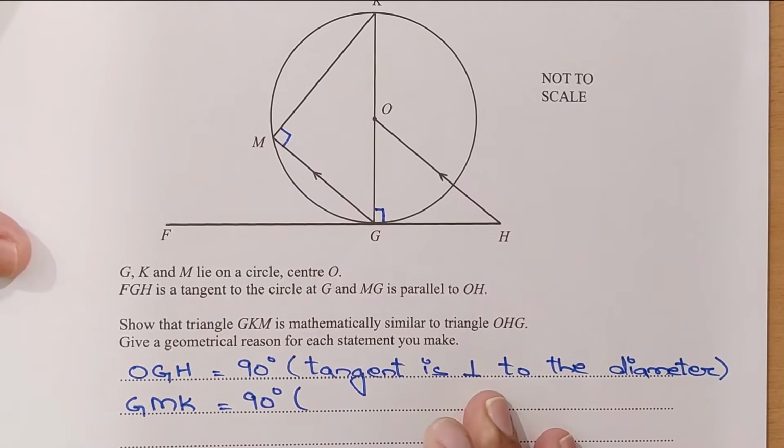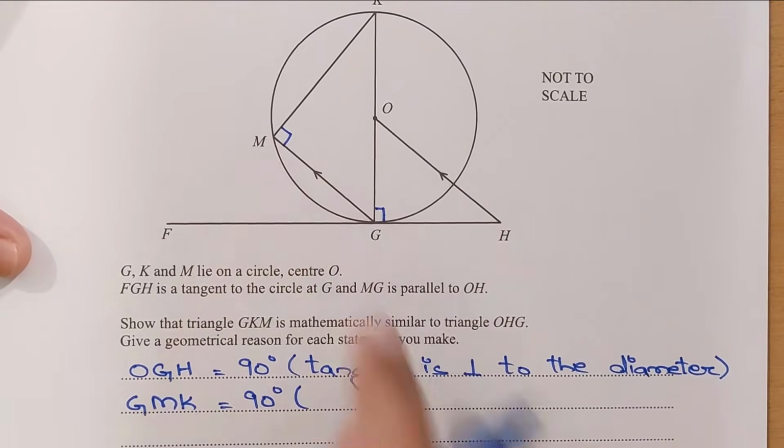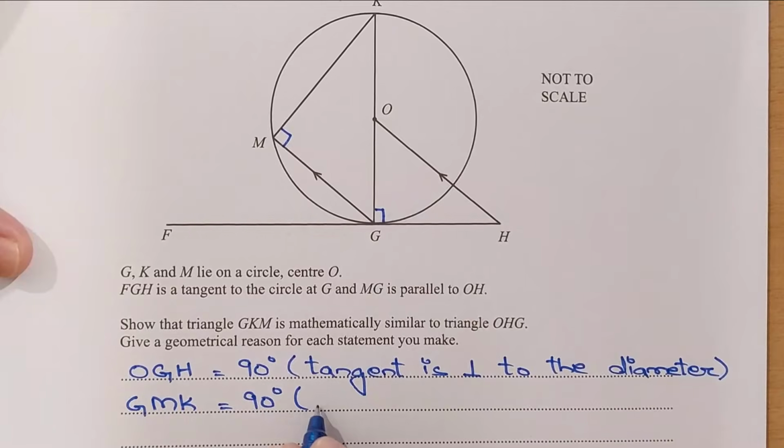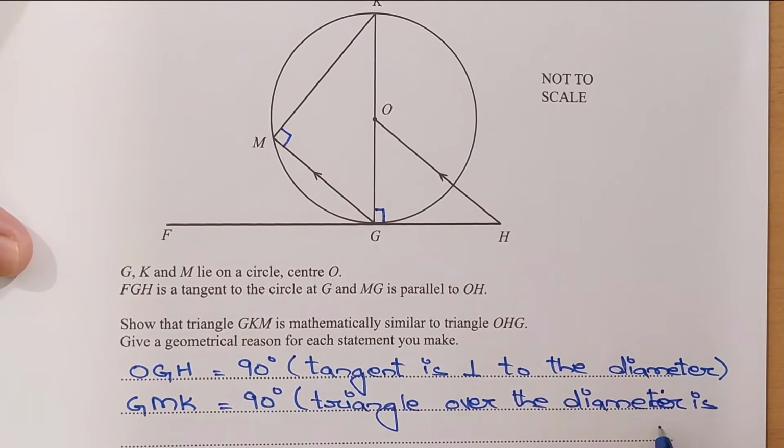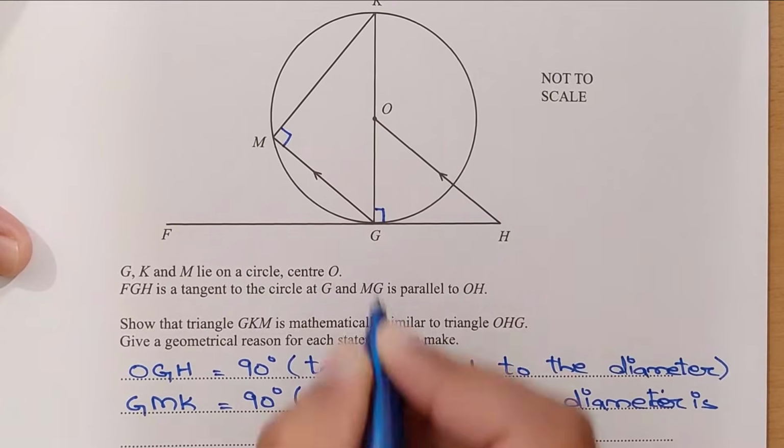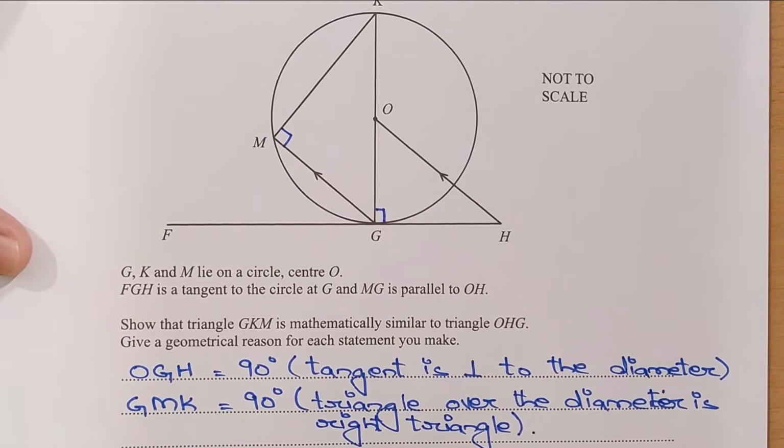The triangle over the diameter is a right triangle, and the angle opposite to the diameter is 90 degrees, right?